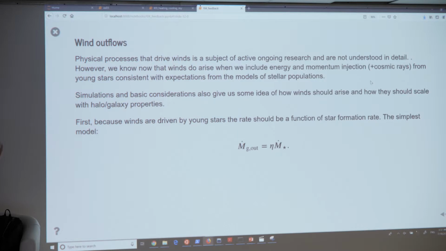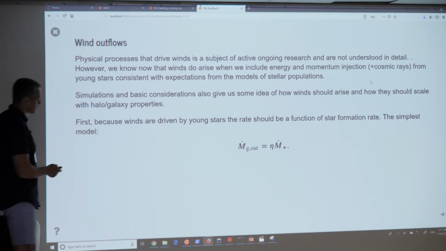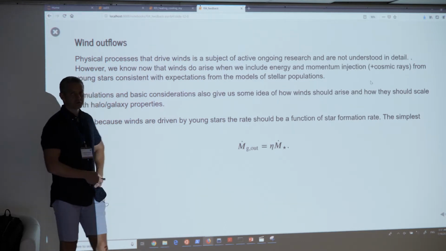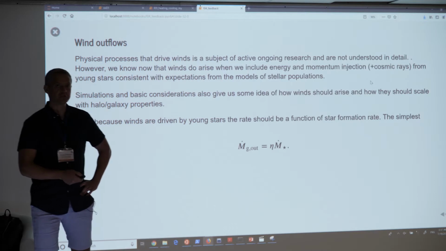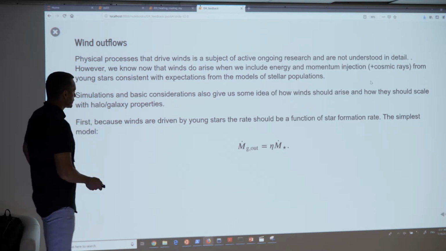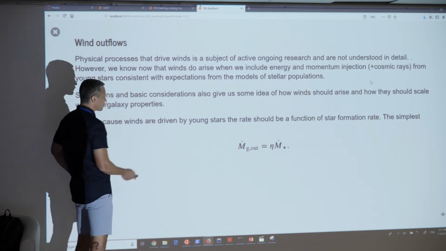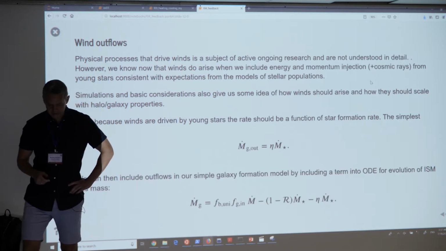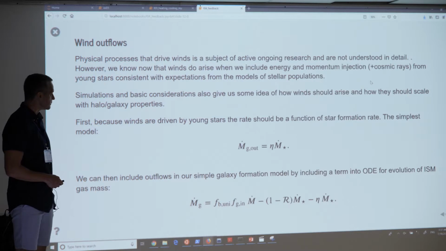Okay, so if we can assume this, and we have some physical model for eta, we can start with the assumption that no wind would correspond to eta equals 0, and then a simple assumption that eta is just some constant value, in the absence of any better guess or model.